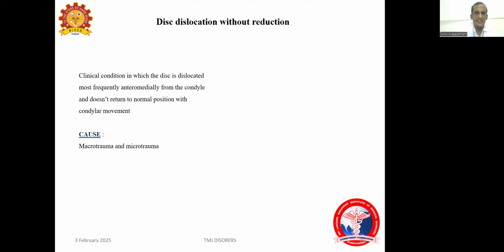This is with reduction. The second is without reduction. That is the disc dislocation without reduction. This clinical condition is most frequently seen anteromedially from the condyle and doesn't return to the normal position with the condylar movements.